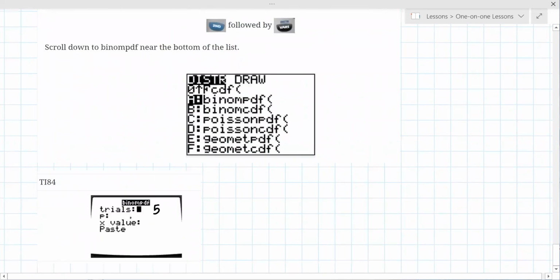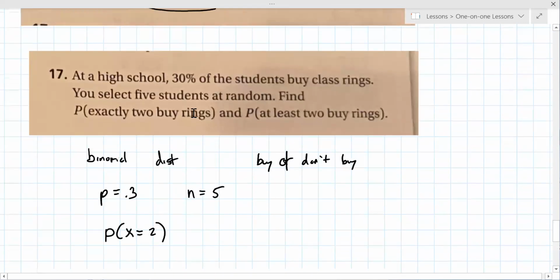So 5, 0.3, and 2. I got 0.3087. Usually they want you to get 4 decimal places on that. Okay, so that's part A. Exactly 2 rings.